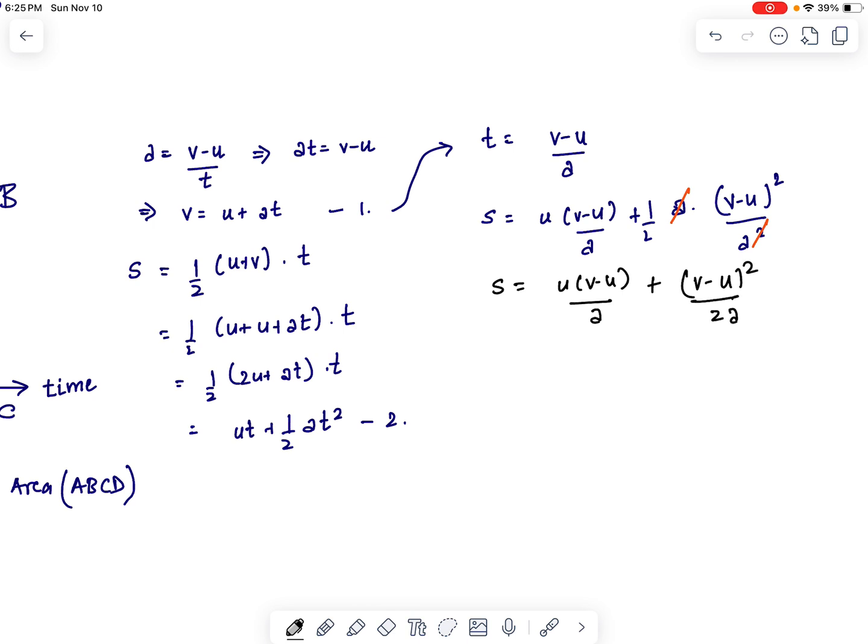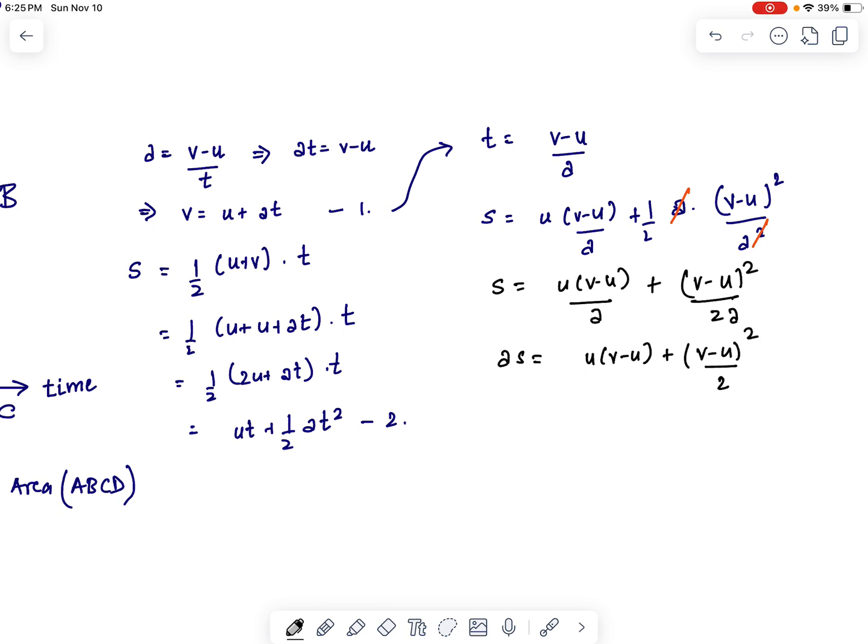Now we multiply both sides by a. So we get a times s equals u times (v minus u) plus (v minus u) squared divided by 2.